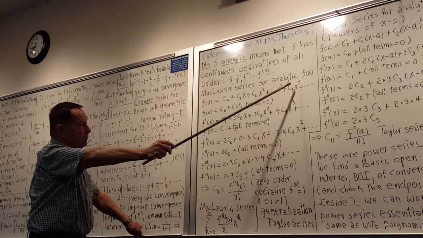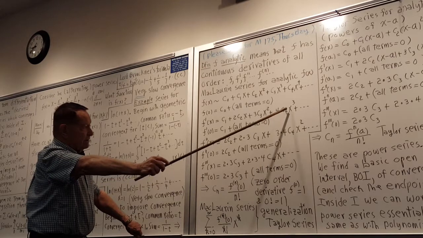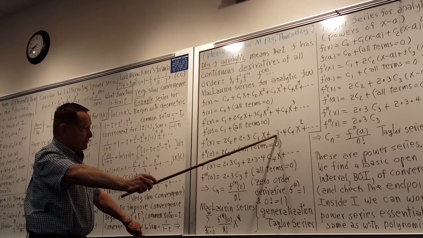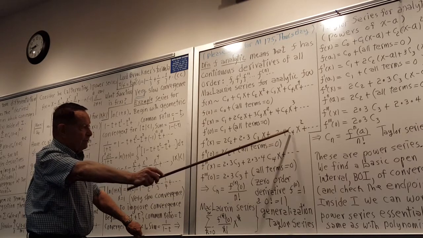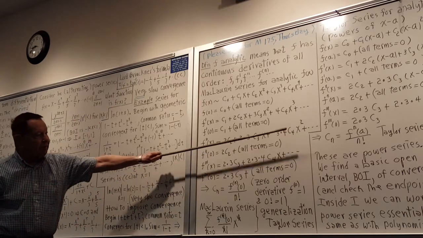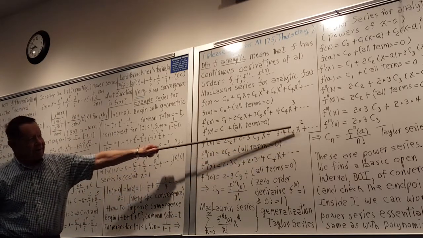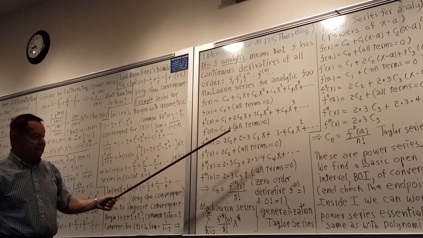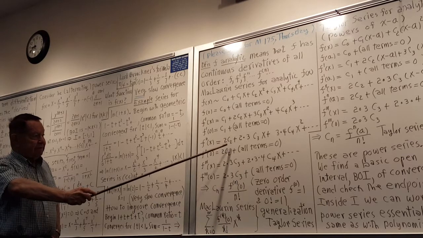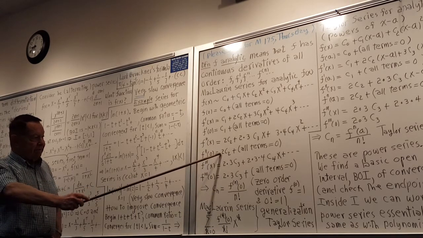And then in the same way, here you'd have 3 times 4, c4, and then x squared. So now you'd have 3 times 4, c4 x squared for your f double prime line. So put 0 there, and so on across, and you see that c2 is the second derivative over 2.